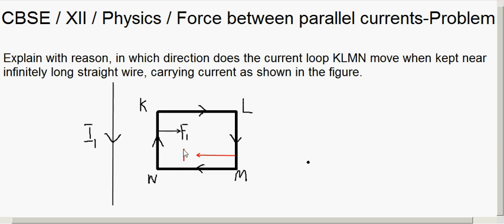This is F2. Now which force is greater? The loop will move along the direction of that force. Because KN is nearer to the conductor, F1 will be greater than F2, and hence the loop will move away from the infinite current carrying wire AB.